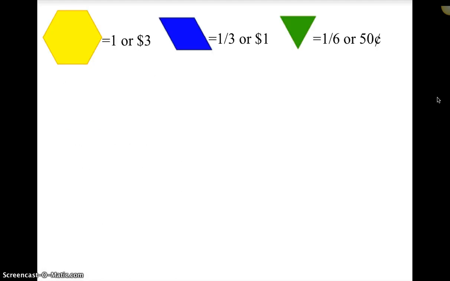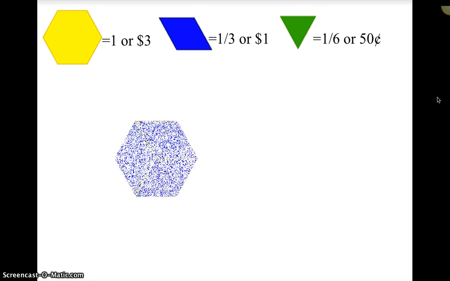Now let's look at this same problem using pattern blocks. So we know our yellow octagon is equal to 1 and is also equal to $3. The yellow octagon is representing our blueberry pie that costs $3. Our diamond is equal to 1/3, or $1, and our triangle is equal to 1/6, or 50 cents.